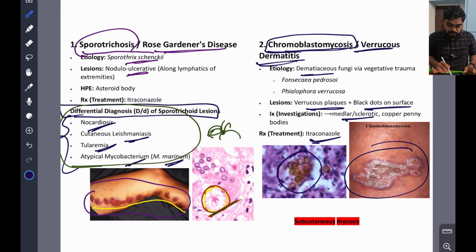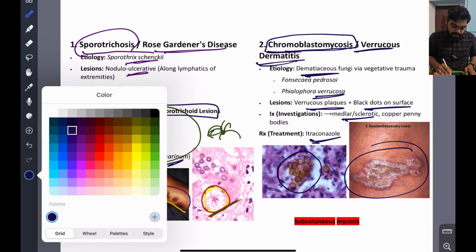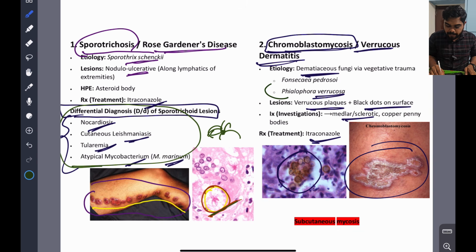Management of sporotrichosis is also itraconazole, so both are the same. So in subcutaneous mycosis, we have sporotrichosis and chromoblastomycosis. Chromoblastomycosis is caused by dematiaceous fungi through vegetative trauma, by Fonsecaea pedrosoi and Phialophora verrucosa. These are examples of the fungi, so maybe in the options the names will be like this.